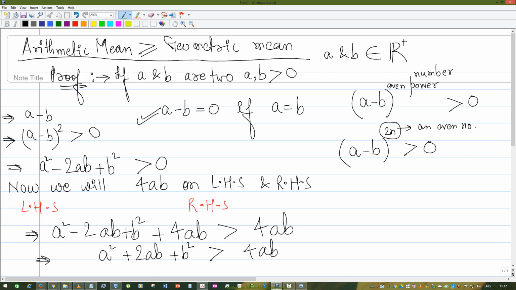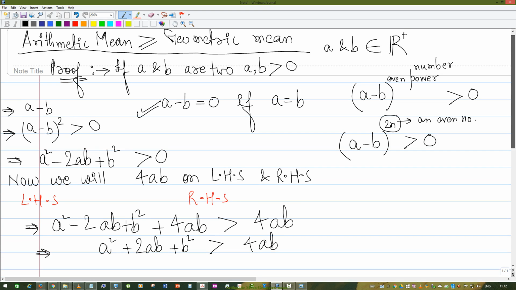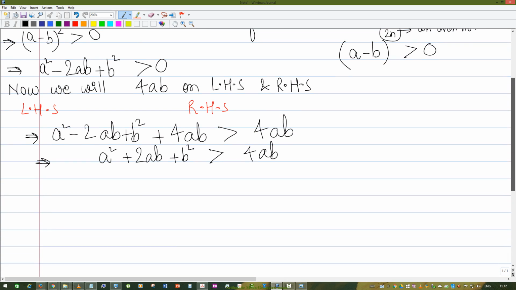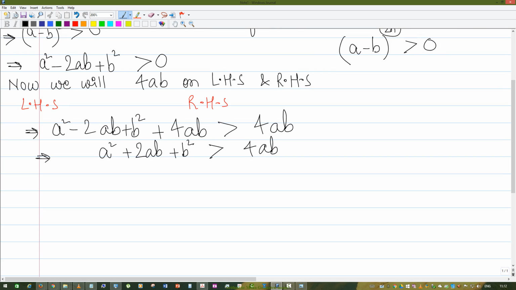Is it correct? Yes, this is very much correct, because minus 2AB plus 4AB results in plus 2AB, since numerically the absolute value of 4AB is higher than minus 2AB, so we end up with a positive sign.